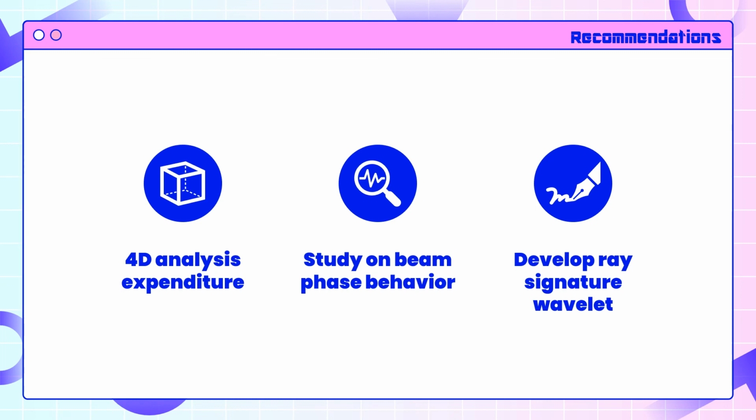Second is to study the phase behavior of the propagating Gaussian beam. Based on the previous studies, some of them study Gaussian beam migration based on true amplitude seismic data, and the ray behavior can be developed in circular motion also.